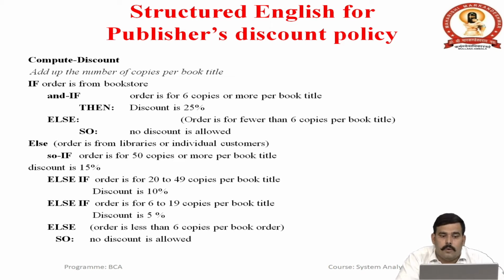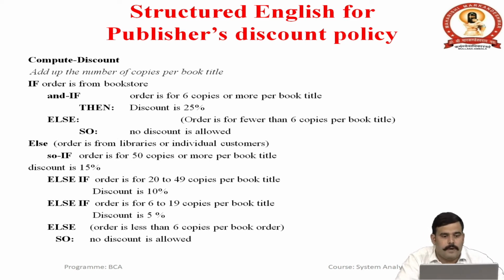If the order is not 6 copies or more, that will be the else statement. It means if the order of copies is 5, 4, 3, 2, 1, the order is fewer than 6 copies per book title, so no discount is allowed.